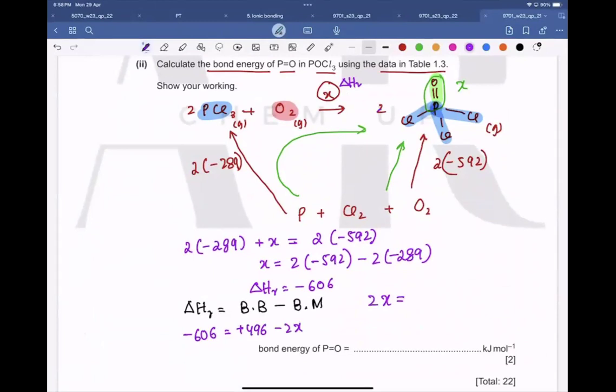So 2X is equal to 496 plus 606, and if I add them it is 1102, divided by 2. So X is going to be positive 551. Is this clear?